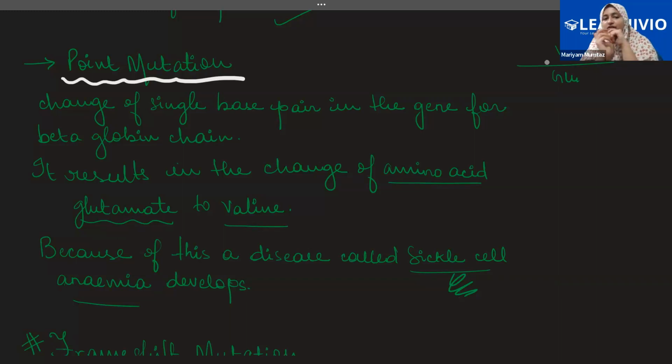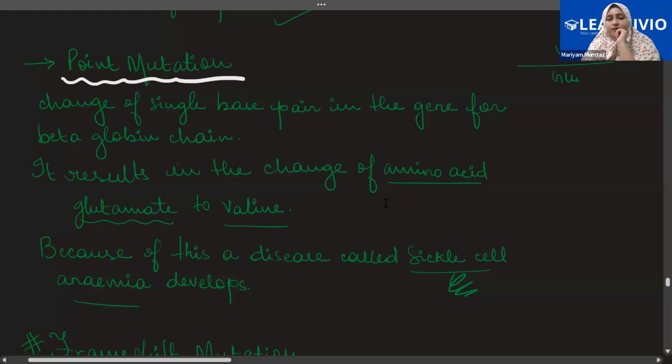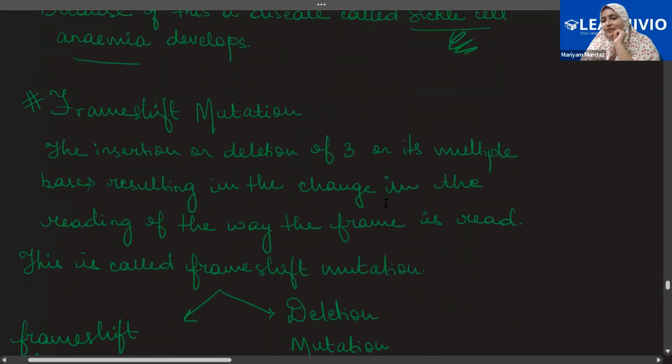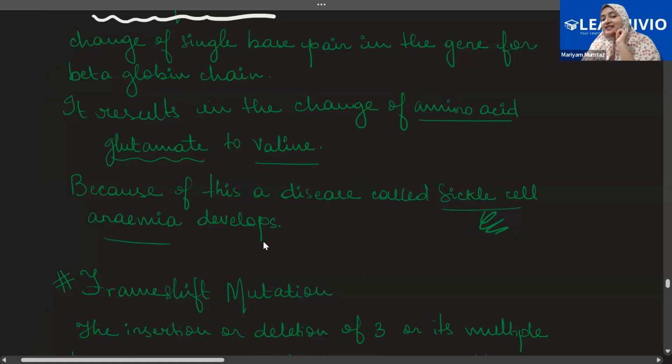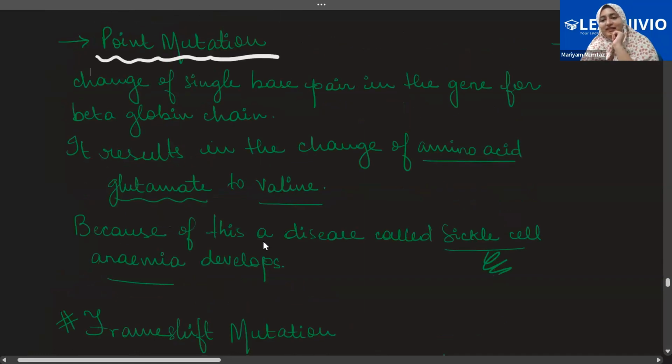At which position of the chain does it get substituted, students? No one knows? Do you remember the sixth position of the beta globin chain? At that position, the substitution of the point mutation takes place, because of which sickle cell anemia happens.